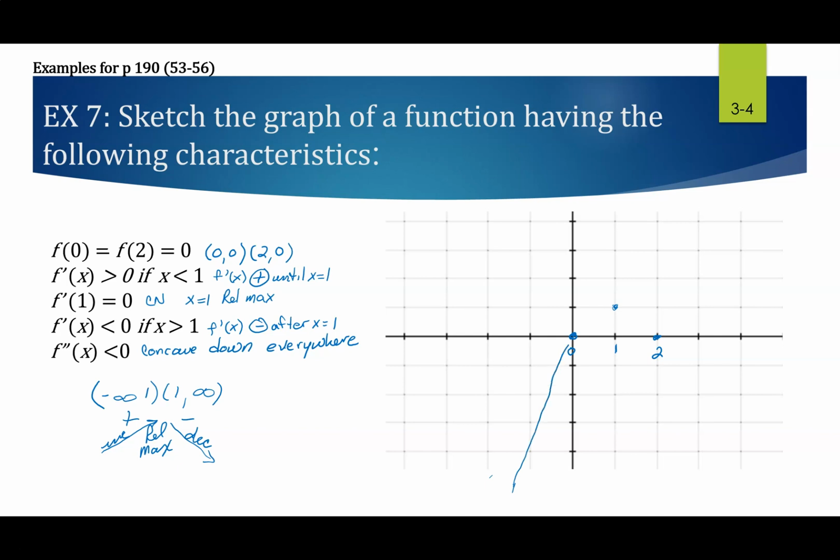I'm just trying to get a good sketch that matches all of the information that I have. And so that follows everything that I was given. I have a positive slope until x is 1. I have a negative slope after x is 1, and it's concave down everywhere. So you're just trying to get it as close as you can.